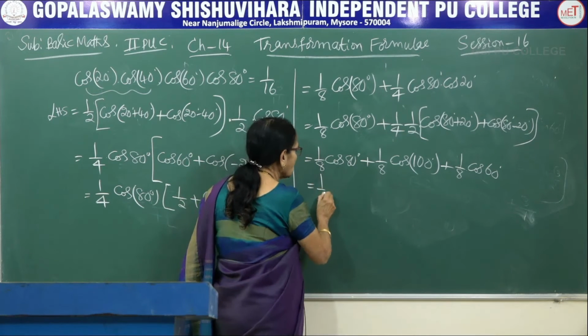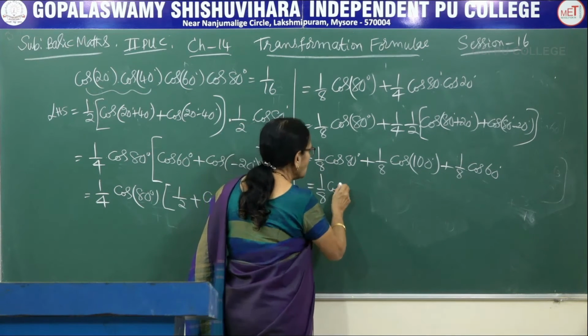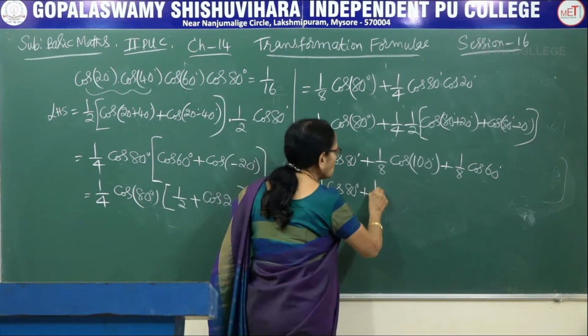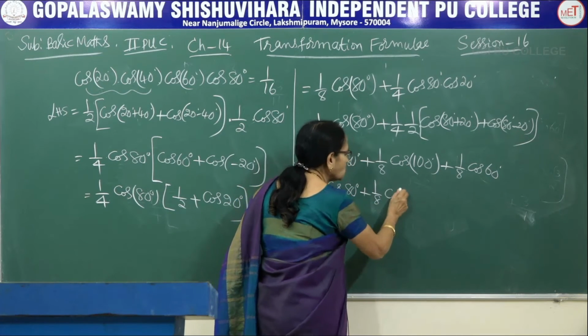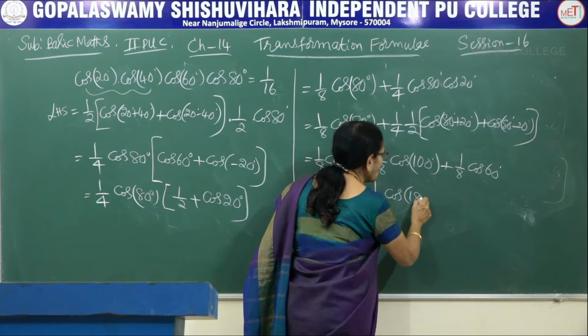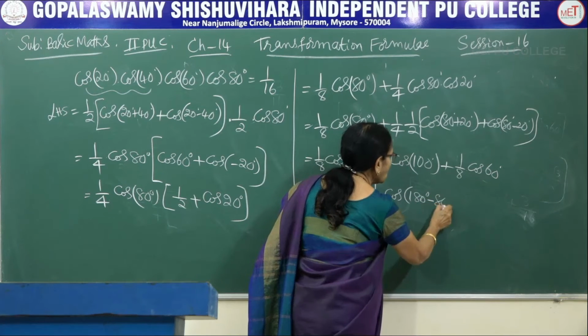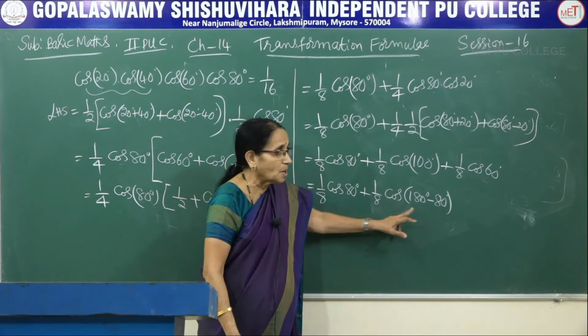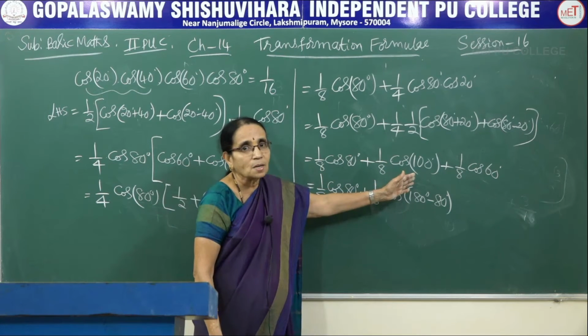For that, now write 1 by 8 into cos 80. Again, this 100 degrees, as you know, can be written as 180 minus 80. Why I am writing in this form is, I could have written 90 plus 10 also.